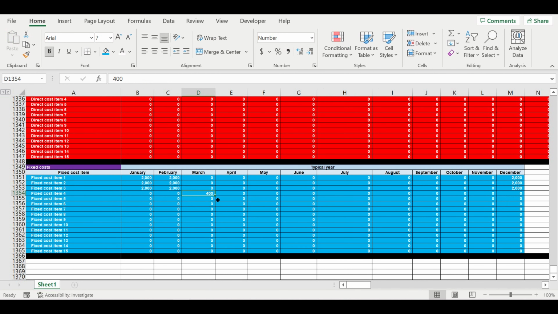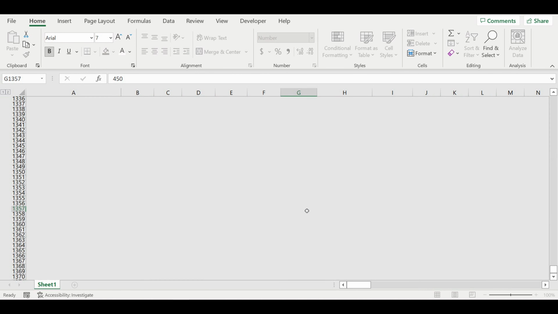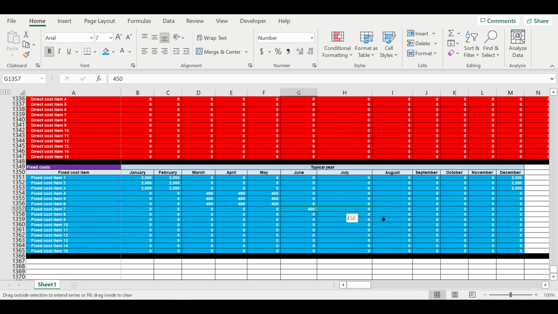These items we have in summer. And these fixed cost items, for example, we have in autumn.